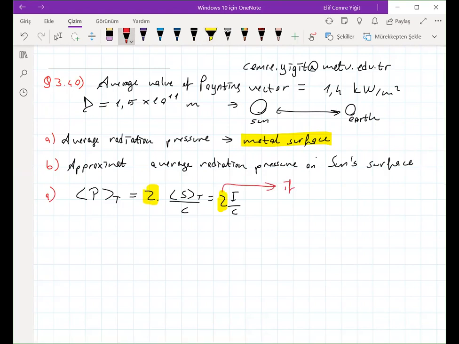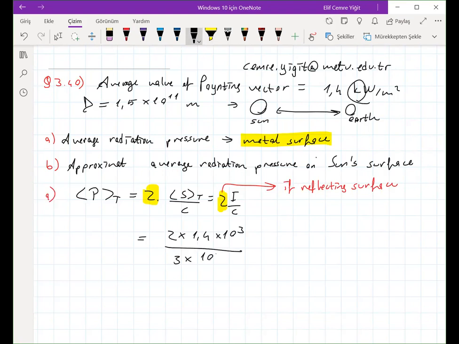If it's a reflecting surface, we will multiply with 2. Okay, so our value will be 2 times 1.4 times 10 to 3, because it gave kilowatts, over 3 times 10 to 8 meter per second, and this is watts over meter square.